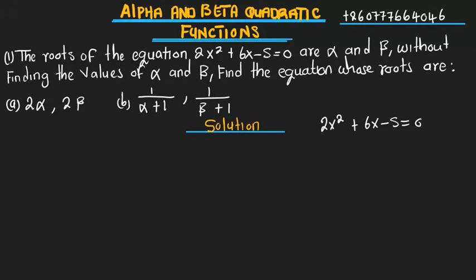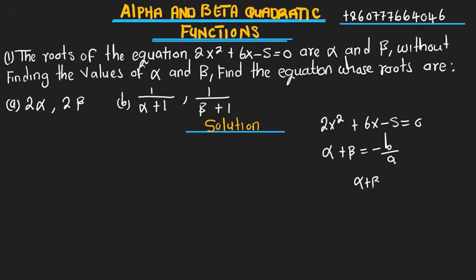So the first thing that you are supposed to do in order to find this question is to find the roots. It's always important to find the roots for you to generate another equation. So now look, we know that the sum of roots, which happens to be alpha plus beta, is found by this formula, negative b over a.